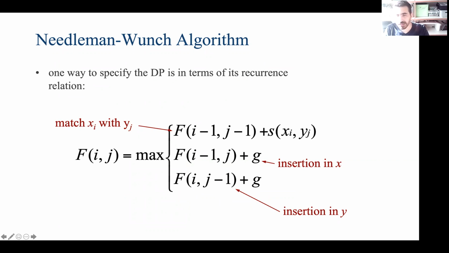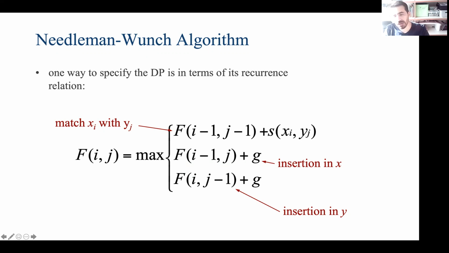If you consider i and j as the positions, i is the position in the first sequence, j is the position in the second sequence. In the previous step, you have the alignment score F(i-1, j-1). This is the alignment score of the previous step. Then, from the substitution matrix, you have a score of aligning x_i and y_j. x is one sequence, y is the other sequence, i and j are the positions.